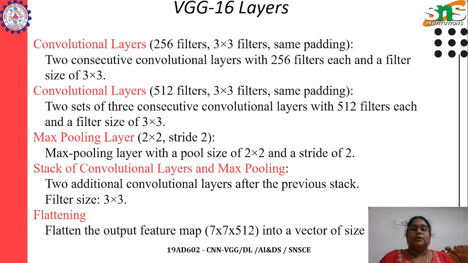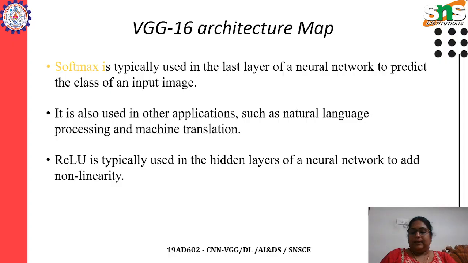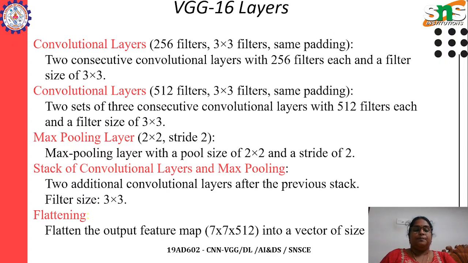The other one is 512 filters with a 3 x 3 filter size. The max pooling layer has a size of 2 x 2 and a stride of 2.